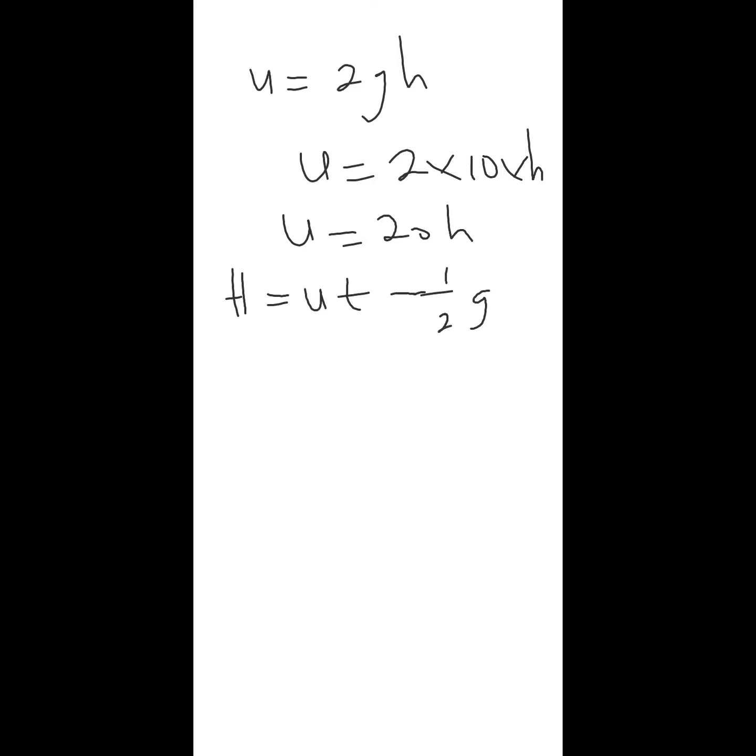Now, I know that my u is equal to 20h, all right? And they say that this thing got to its maximum height in 4 seconds. I'm looking for u. It's the same h that you have here that you have here. The two h are the same.